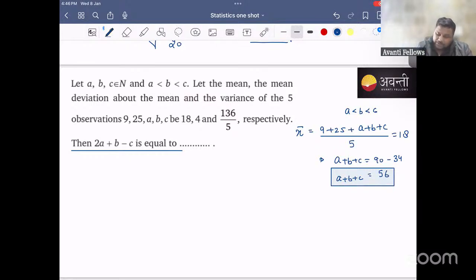Now, the mean deviation about the mean is 4.